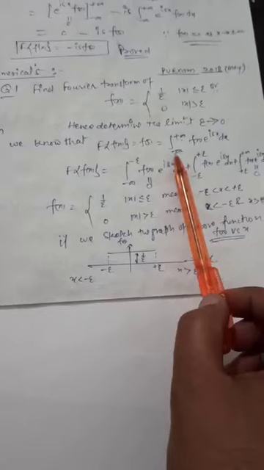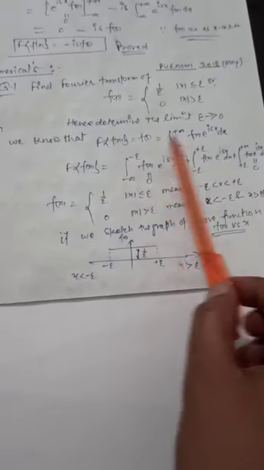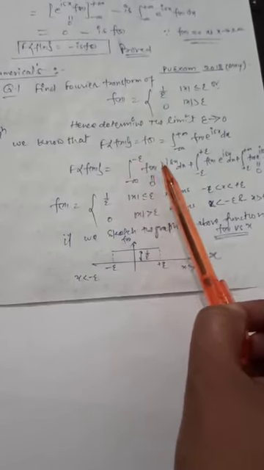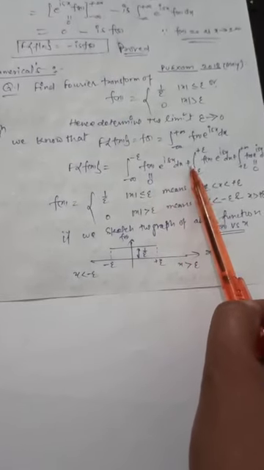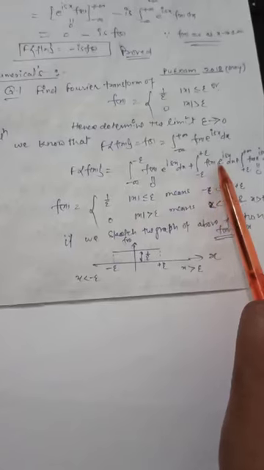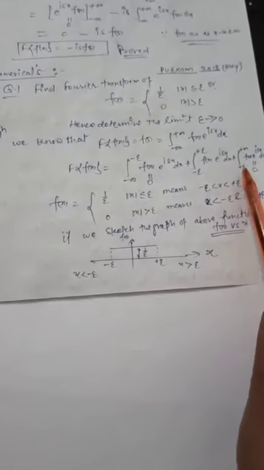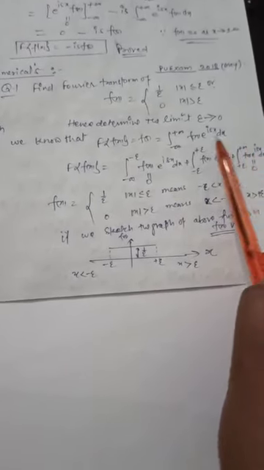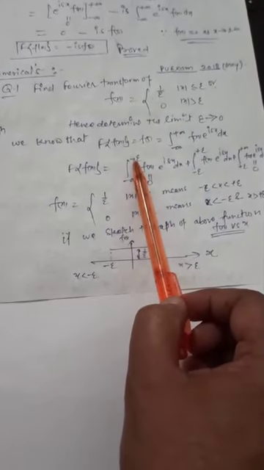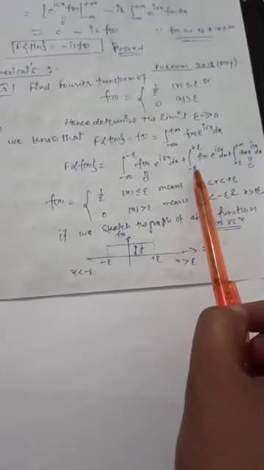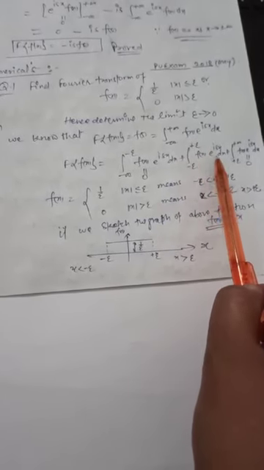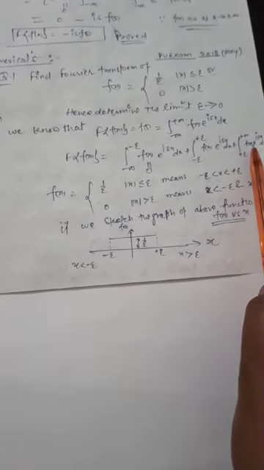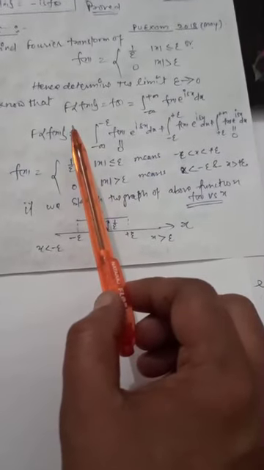We can break the minus infinite to plus infinite domain into subdomains: minus infinite to minus epsilon, f of x exponential iota sx dx, then minus epsilon to plus epsilon, f of x exponential iota sx dx, and then plus epsilon to plus infinite, f of x exponential iota sx dx.